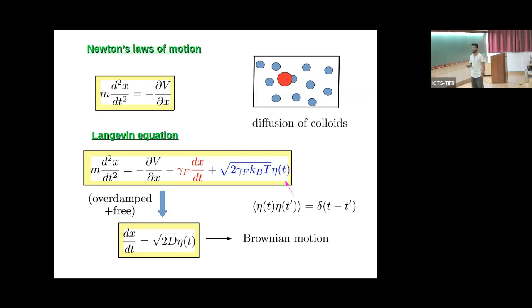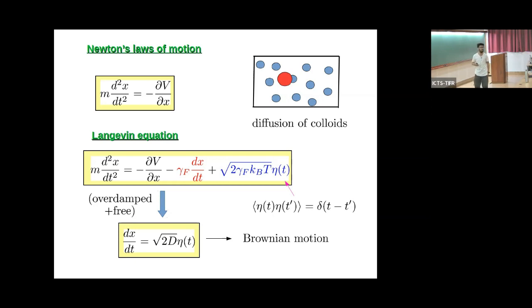And the second term is because this system is at non-zero temperature, so there will be thermal vibrations, and the effect of those vibrations on the dynamics of this red particle is essentially taken care of by this blue term here. And this eta term here is a random term, which is chosen to be Gaussian with this sort of correlation here.